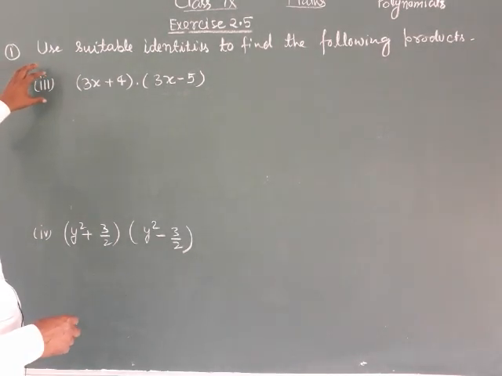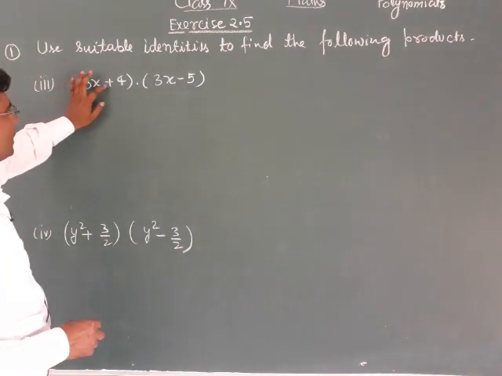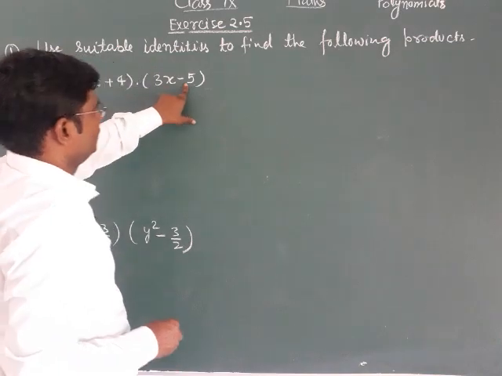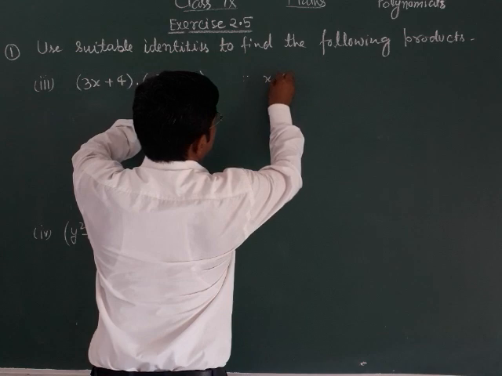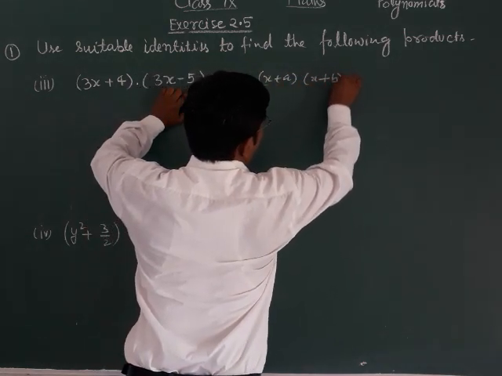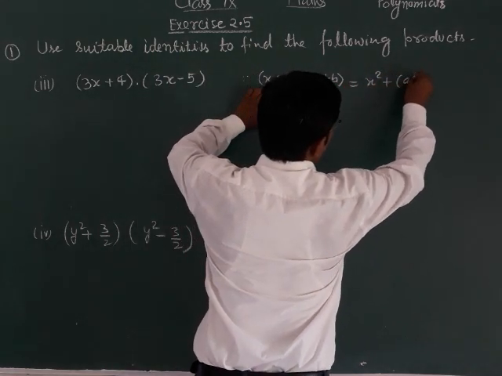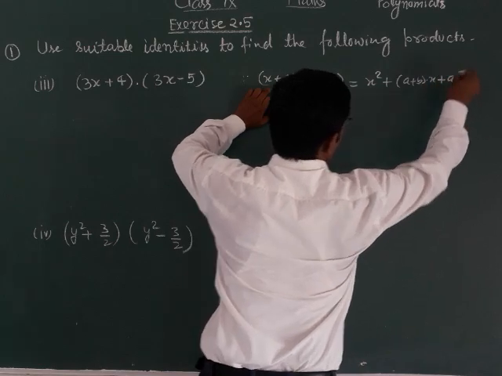Question number third, part first. Given the first bracket (3x + 4) and the second bracket (3x - 5). So use the identity (x + a)(x + b), which is x square plus (a + b) into x plus a into b.